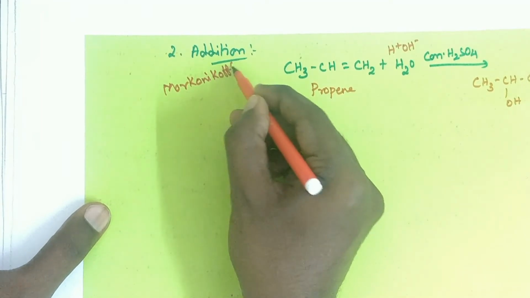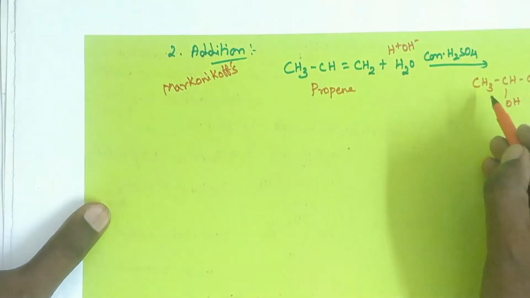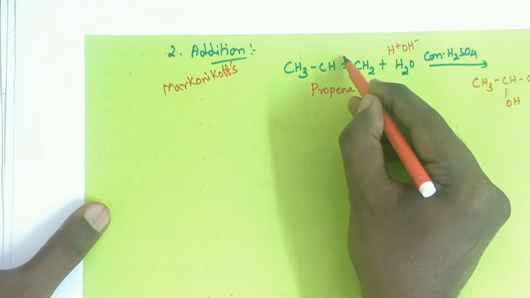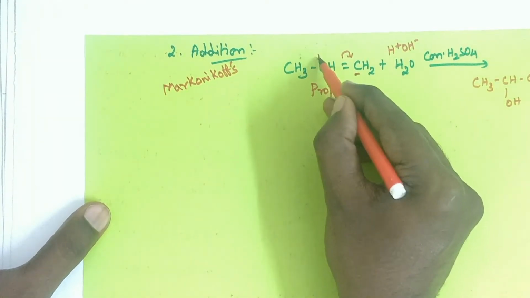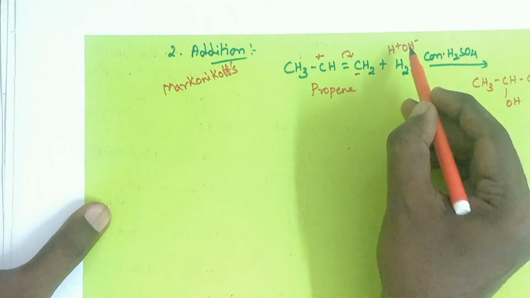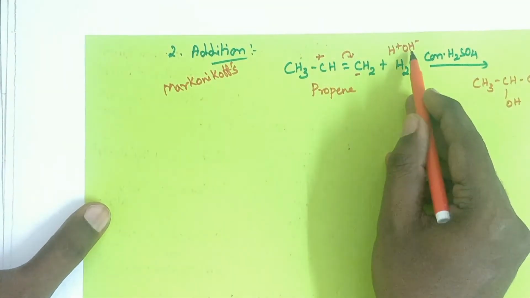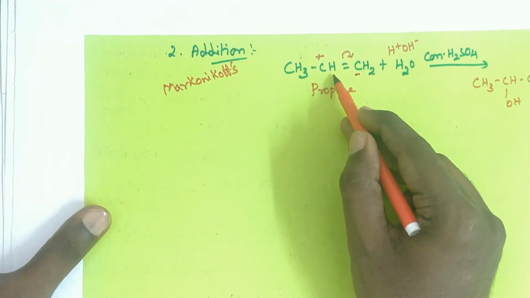So Markovnikov's addition. In the actual mechanism, one carbon is polarized, gaining electron charge minus, and the other carbon loses its electron, plus. According to Markovnikov's rule, the negative part is added to the carbon that carries the least hydrogen.